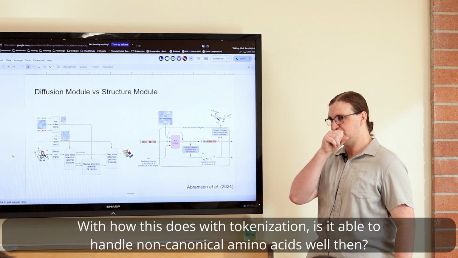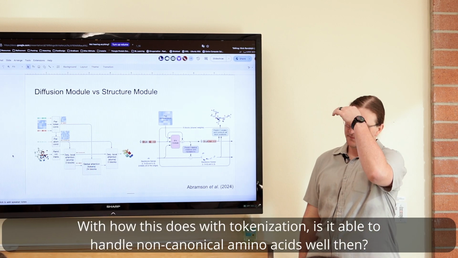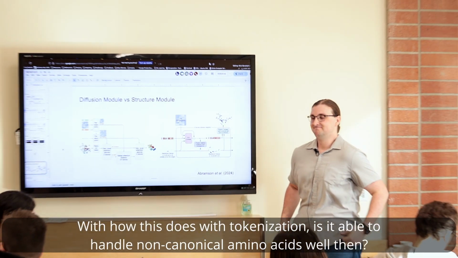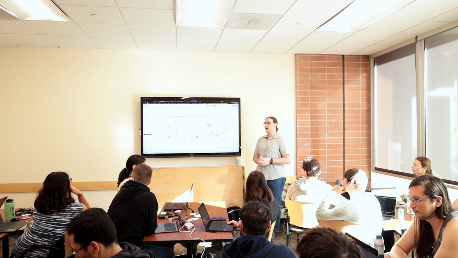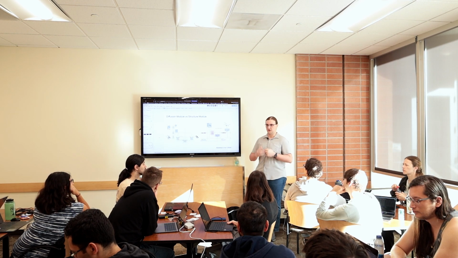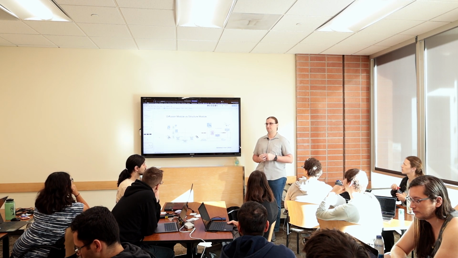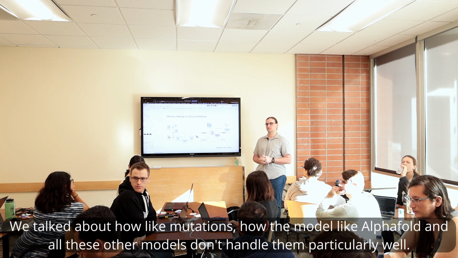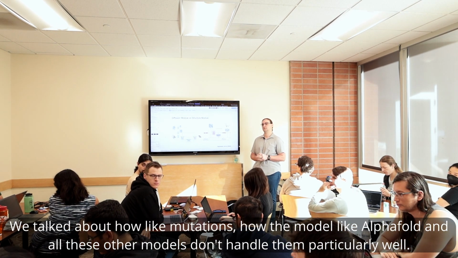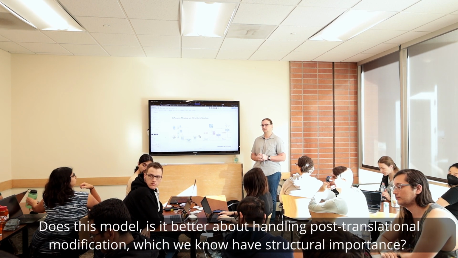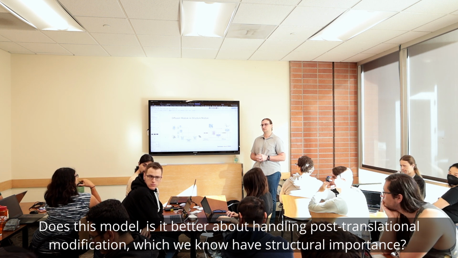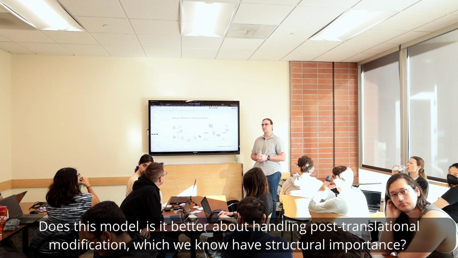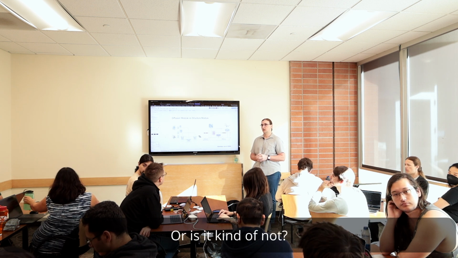So I guess with how this thing does the tokenization, is it able to handle, say, non-canonical amino acids well then? Yes. It handles covalent modifications, but also non-canonicals. We talked about how AlphaFold and all these other models don't handle mutations particularly well. Is this model better about handling post-translational modifications, which we know have structural importance, or is it not?